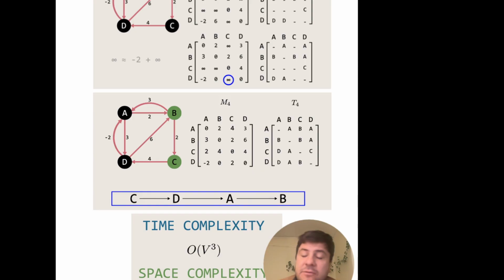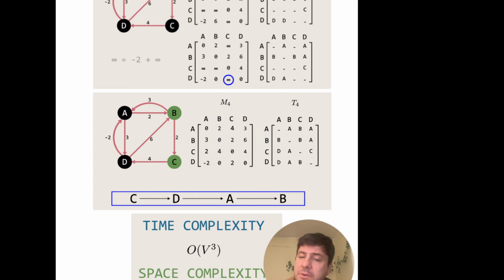The algorithm then runs several rounds. In each round, we test every pair to see whether passing through the current waypoint gives a cheaper trip. When we find a cheaper trip, we update the cost in the left table and we update the helper entry in the right table so we can later print the route. In the bottom row, you see a later round after several waypoints have been allowed.